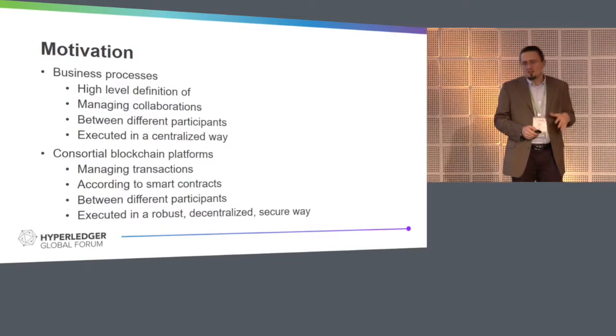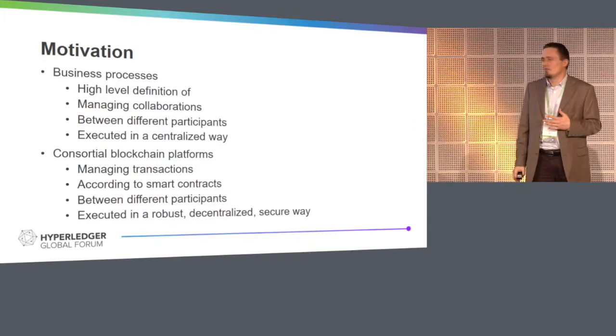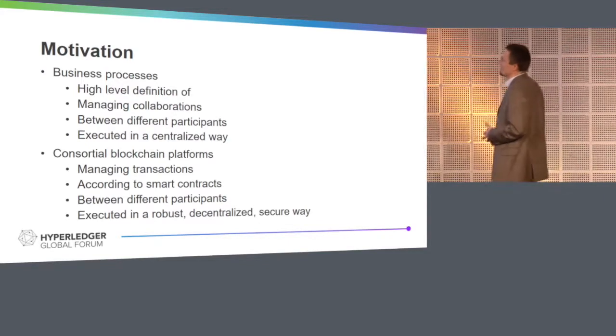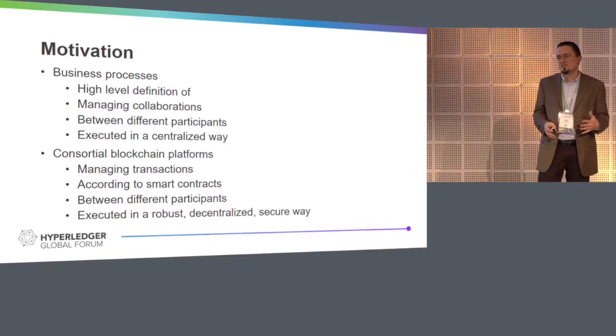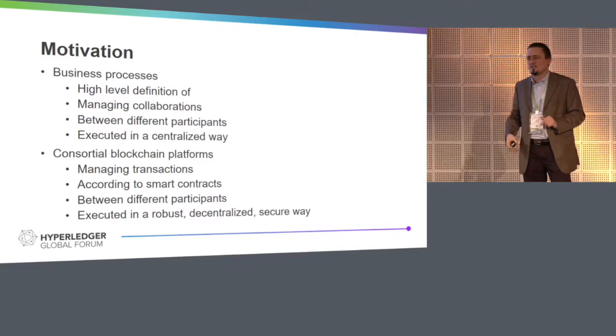So the motivation to create such systems was to use this sort of high-level definition of collaborations, like, for instance, in the case of incident management. Concentrate on the situations when there are different participants. In the case of classical business processes, these are executed in a centralized way.